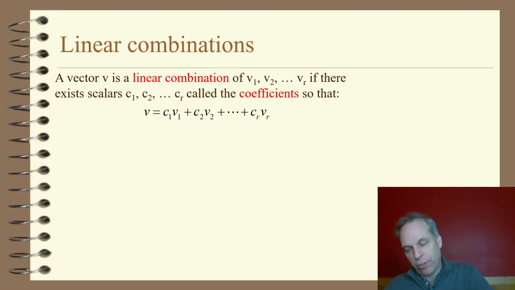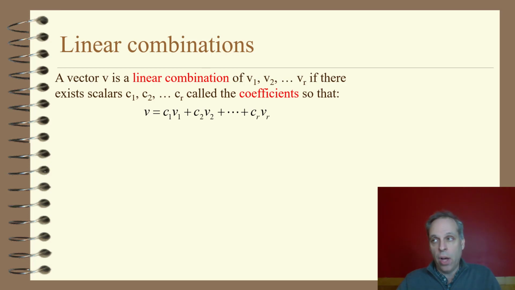So a linear combination: we say that a vector v is a linear combination of the vectors v1, v2 up to vr if there are scalars c1, c2 up to cr so that v is a sum of the scalar multiples of v1 through vr: c1 times v1 plus c2 times v2 all the way to plus cr times vr.